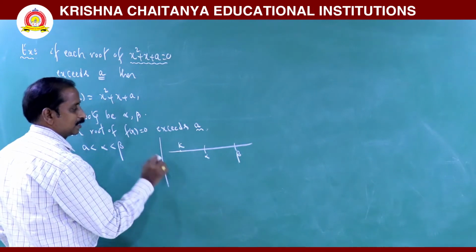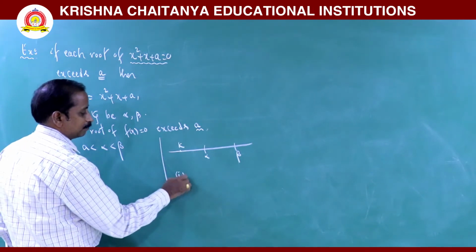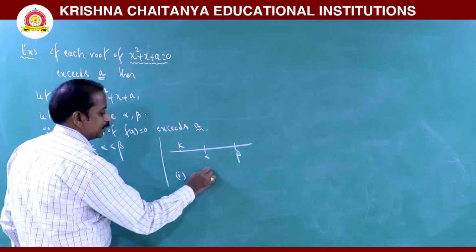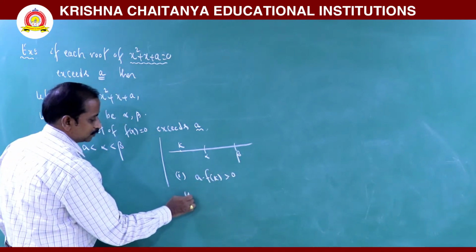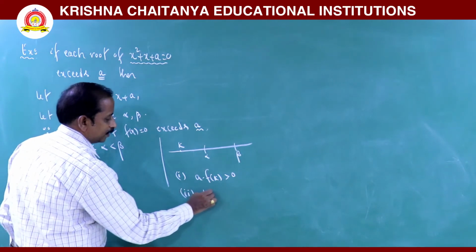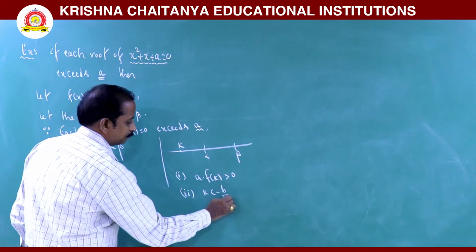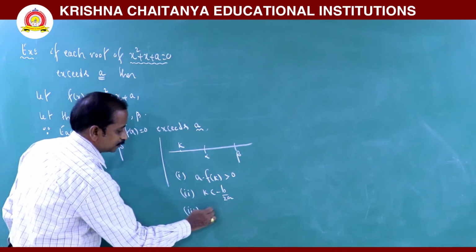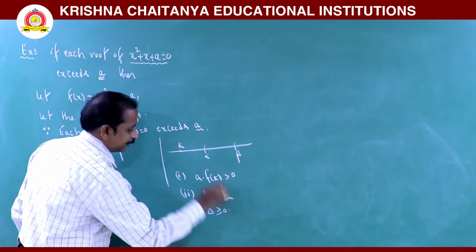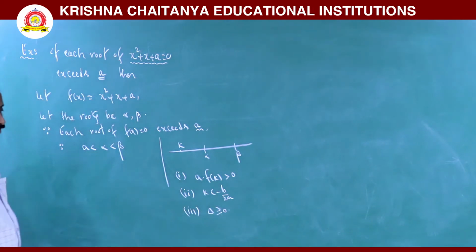So what are the conditions? Condition number 1, a into f of k greater than 0. Second condition, k less than minus b by 2a. Third condition, delta greater than or equal to 0.